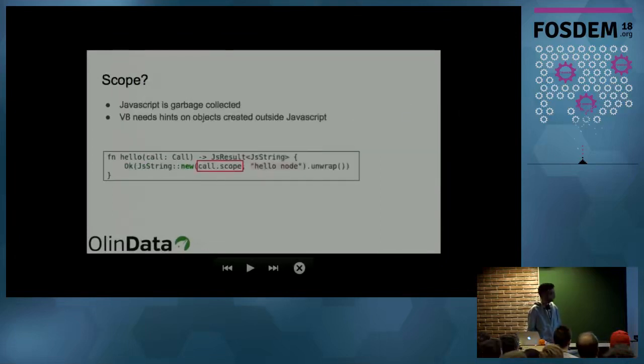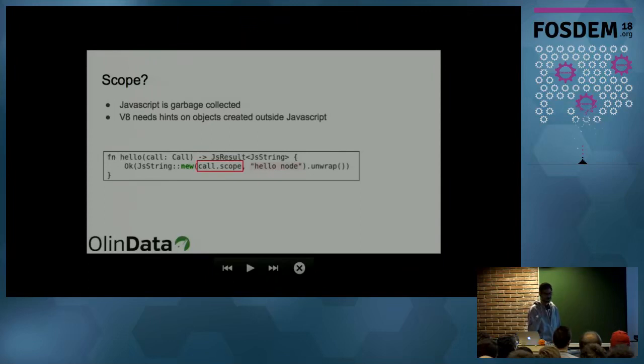So you saw this call.scope, and you're probably wondering what is that? Why do you have to pass it around? So JavaScript is a garbage collected language, and V8 wants to know where this object belongs to and which function does it belong to.